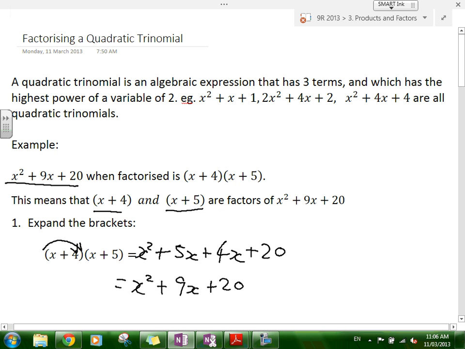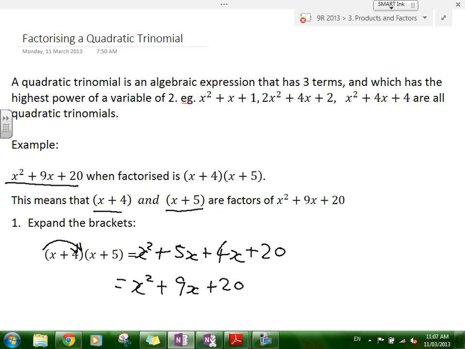So now the question is, how do we get from here to here? The thing about this is we need to link this 9 and this 20 with the 4 and the 5. And there's a particular link. How do I make 9 from 4 and 5? Yeah, you add them together. If you add 4 and 5 together, you get 9.